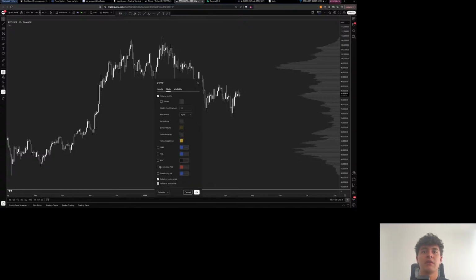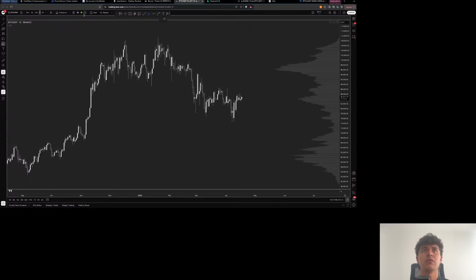In style, I have everything unchecked, and I have it on this color. The color is irrelevant, you can use whatever color, but I like grays, blacks and whites because of how little it affects market psychology. Okay, no, let's go to the weekly chart first.